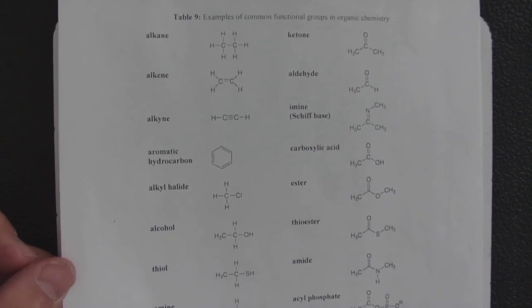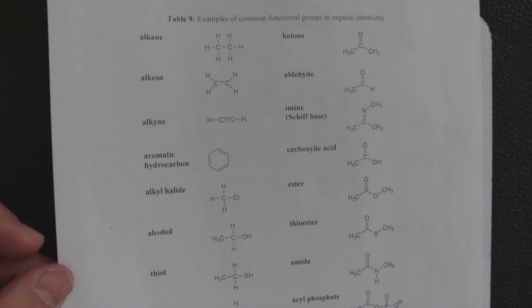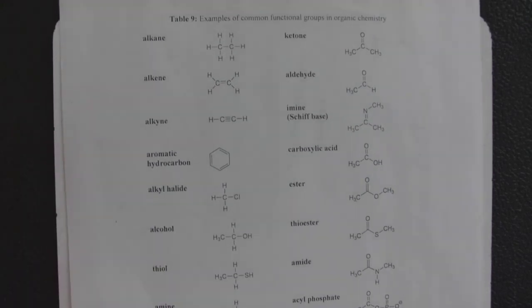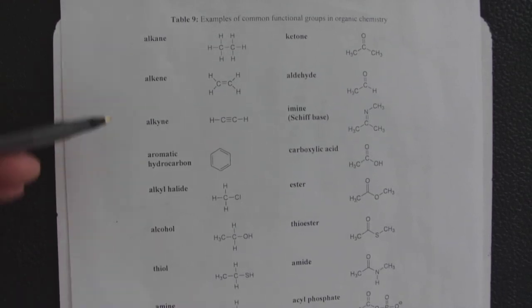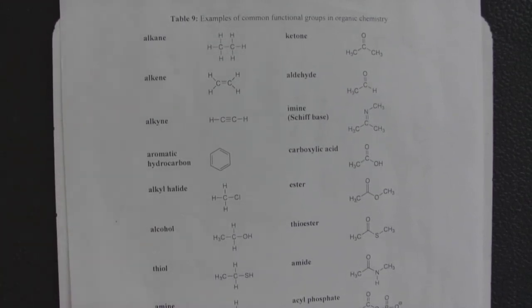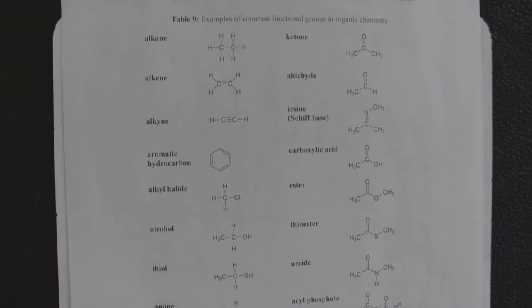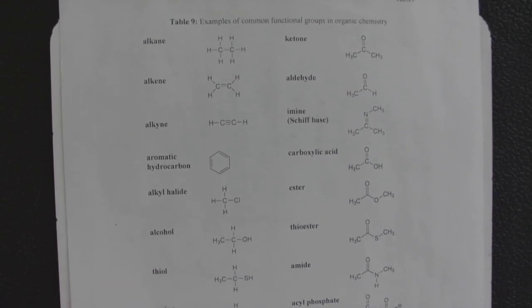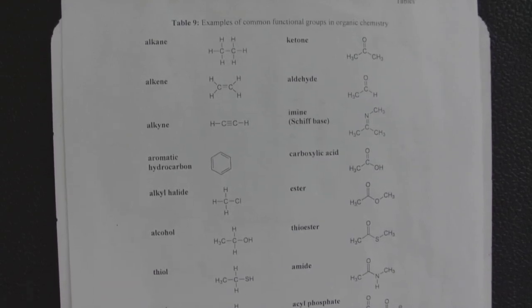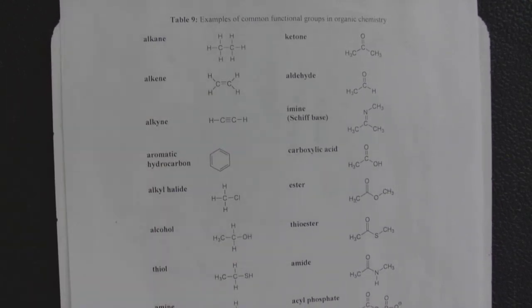This is a list of common functional groups within organic chemistry. You're going to be able to have this sheet to help you study. And when we do our quiz, you guys are going to get the names and you'll hopefully be able to identify what those functional groups are. So I'll have the list of names, but not this entire list of the structures for you, okay?